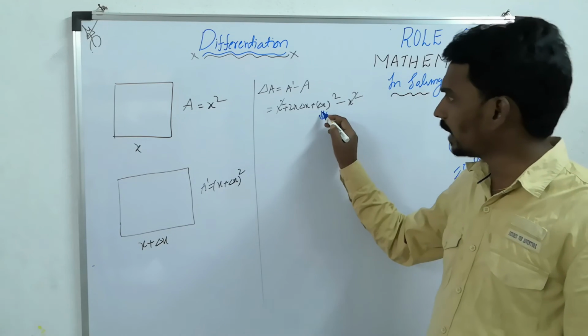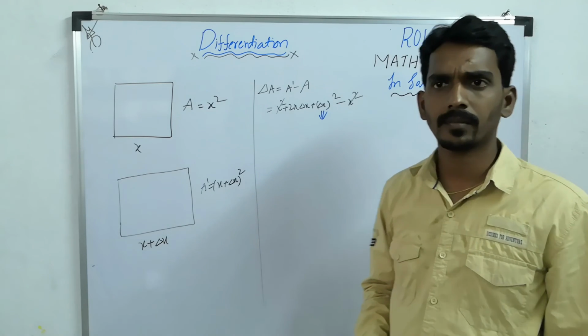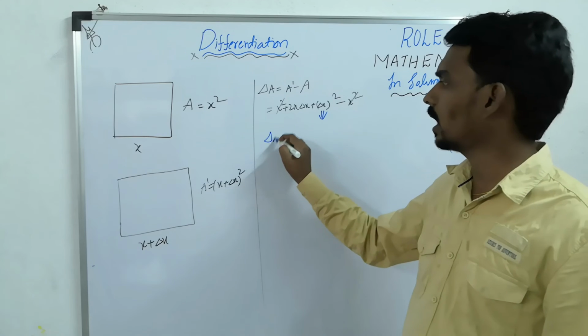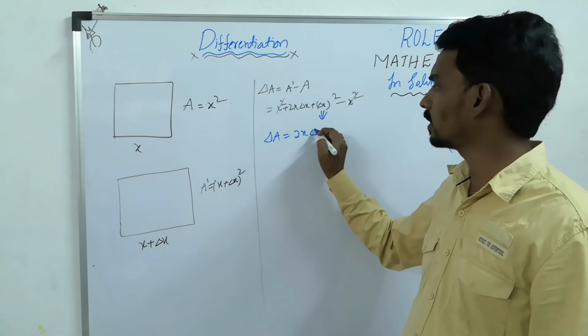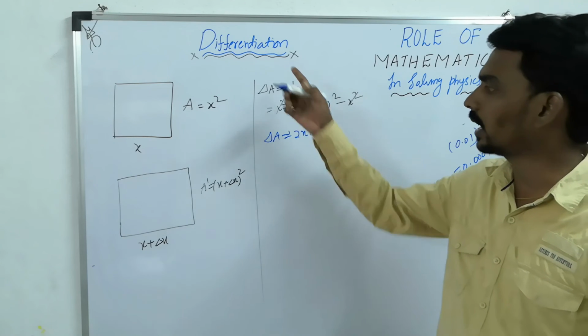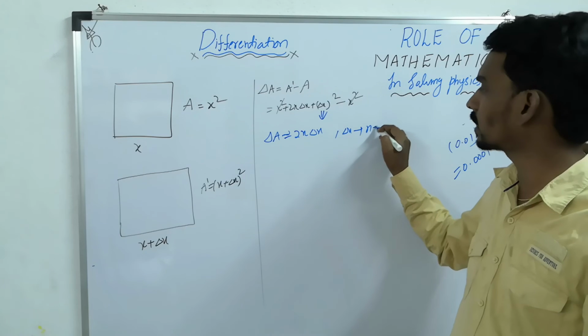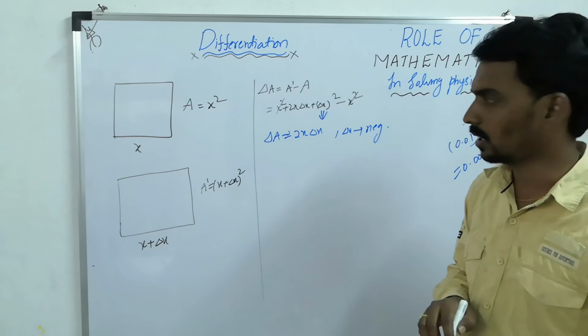Here delta x is small, so delta x squared is even smaller. So ΔA will become approximately 2xΔx, under the condition that delta x is negligible. So you have to remember that delta x is negligible.